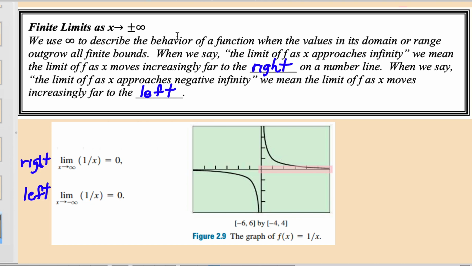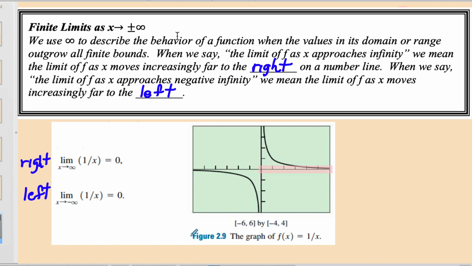Let's now take a look at finite limits as x goes to plus or minus infinity. We use infinity to describe the behavior of the function when the values in its domain or range outgrow all finite bounds. When we say the limit of f as x approaches infinity, we mean we are moving to the right on the number line.